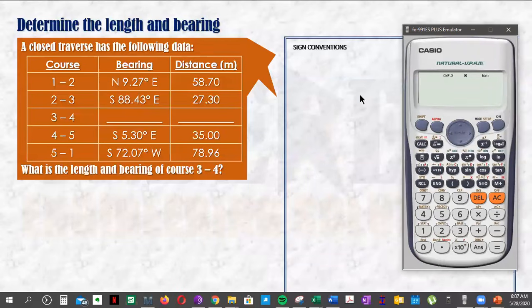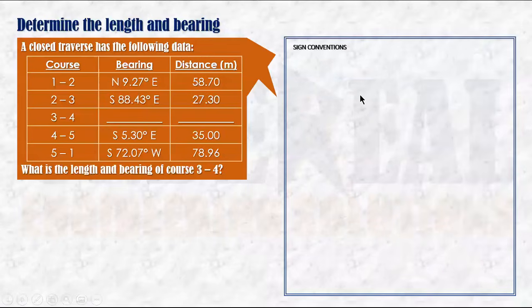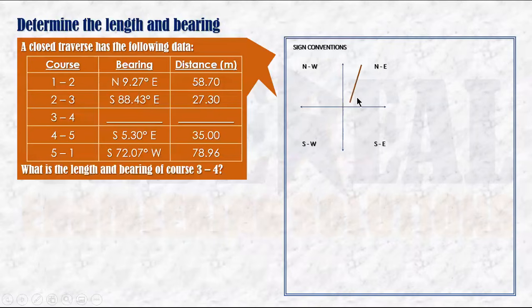Now, I'm going to discuss first the sign conventions. It goes like this. So, if the direction of the course is northeast, no, just input this. There is length, angle, the bearing, no? Length, angle, the bearing. For example, what is northeast here? This is northeast.